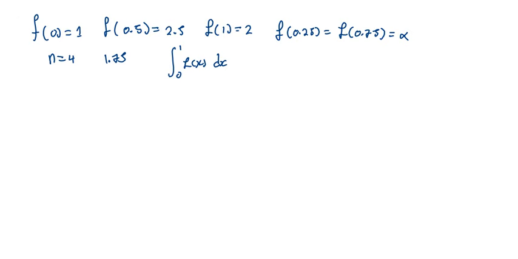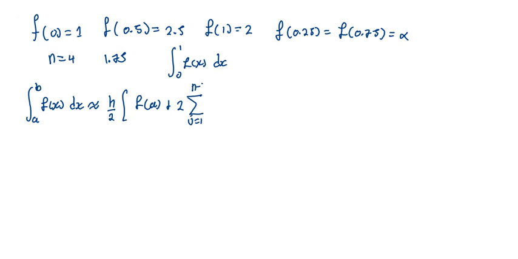The definite integral from a to b of f of x dx is approximately equal to h divided by 2, then in these brackets we have f of a plus 2 multiplied by the summation from j equals 1 to n minus 1 of f of x sub j, plus f of b.